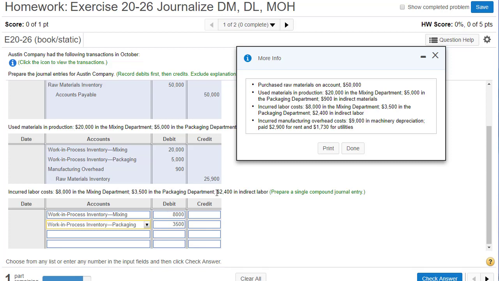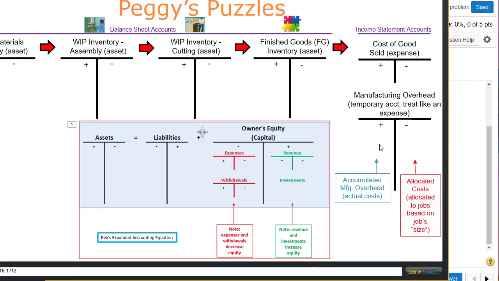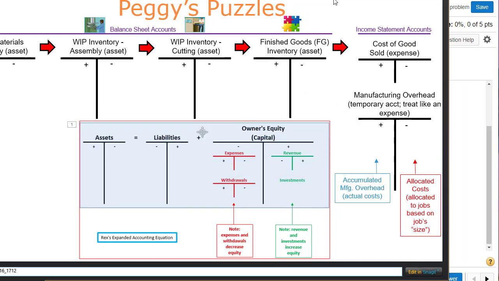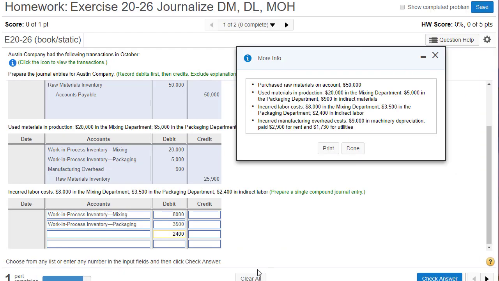And then we've got $2,400 in indirect labor. Indirect labor means people who work with a product or in the factory area, but don't work with one of these two departments directly. So indirect costs accumulate in the manufacturing overhead account, and of course they accumulate on the left or debit side.